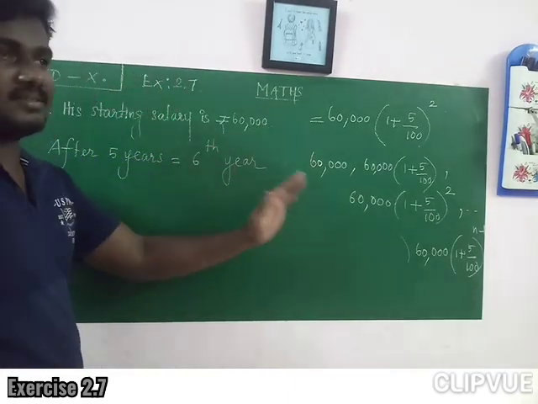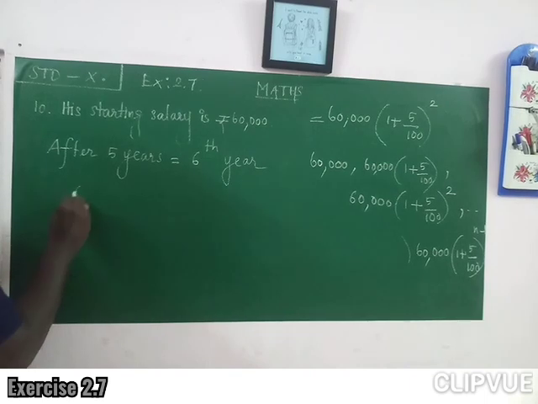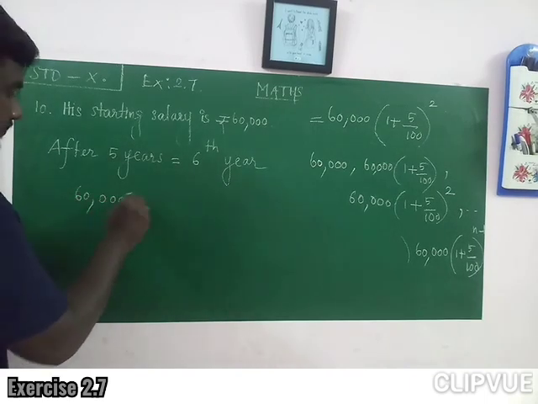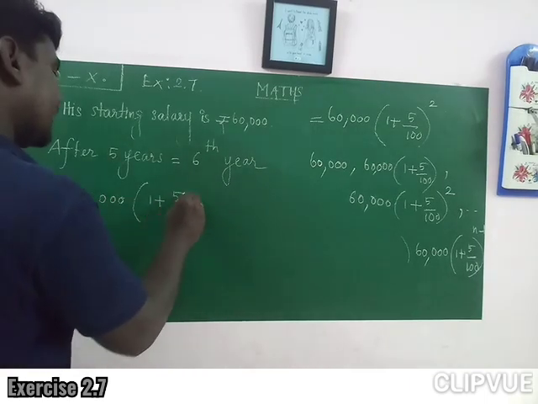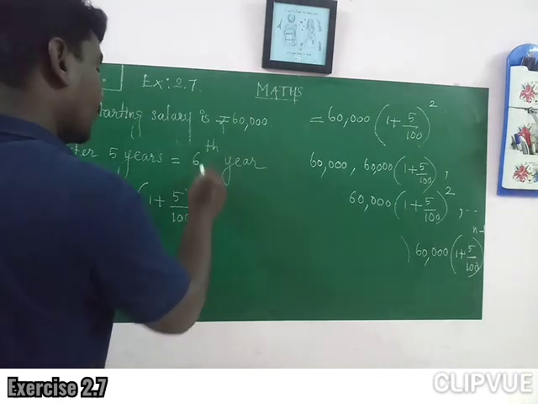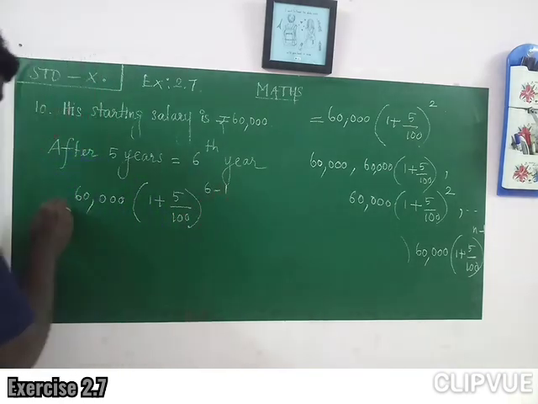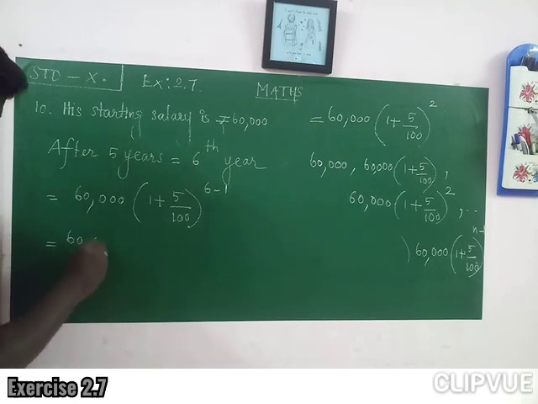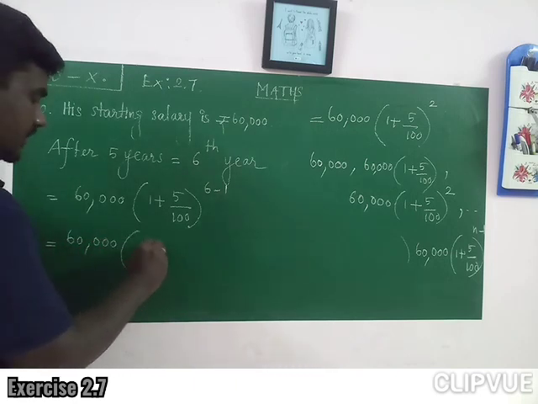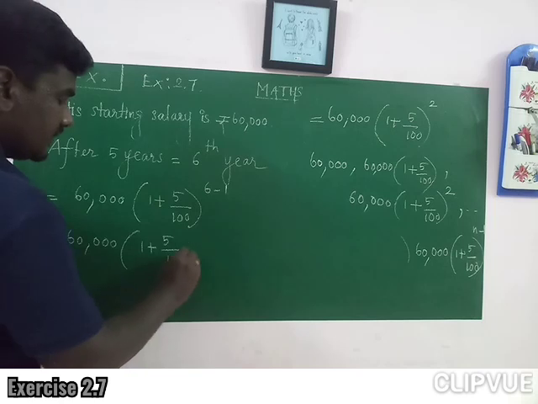After 5 years means sixth year. So we can write it as 60,000 of 1 plus 5 by 100 whole power 6 minus 1.